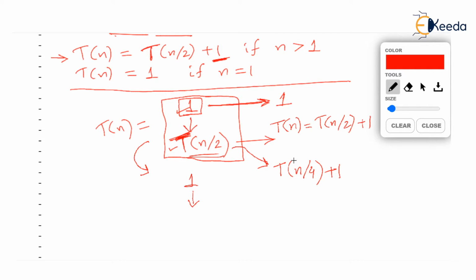So just substitute on this left hand side, instead of n, you substitute n by 2. So you will get the value of T(n/2). And obviously, wherever n occurs on the right hand side also, you will substitute n by 2. Now this term which I am underlining over here will become T(n/4) and this plus 1 will remain the same. So what we have seen is T(n/2) indeed is T(n/4) plus 1.